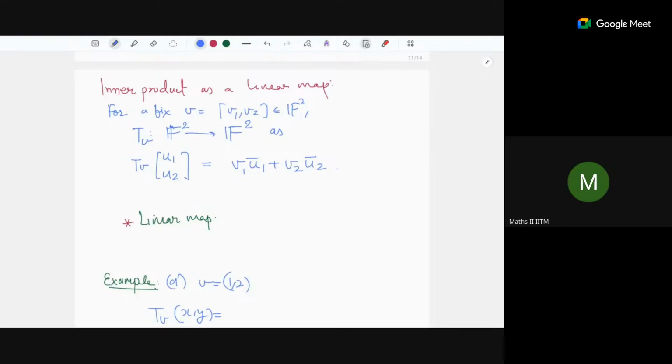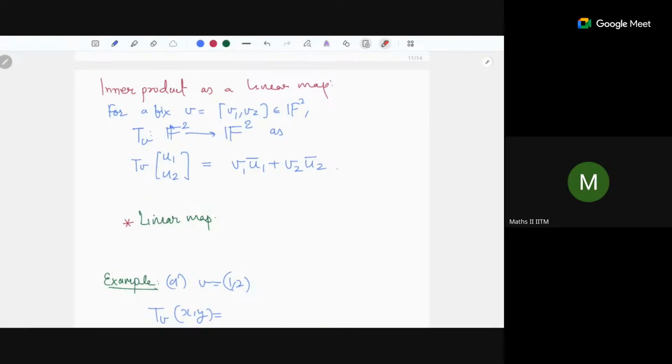If you have complex vectors, that means you are working with the complex inner product. If you have real vectors, then you are working with a real inner product. So let's say you have defined a linear map from F2 to F2 as this. You have fixed a vector V in F2, and with respect to the canonical basis, it has coordinates V1 and V2. So you can define a map from F2 to F2 by taking a vector.